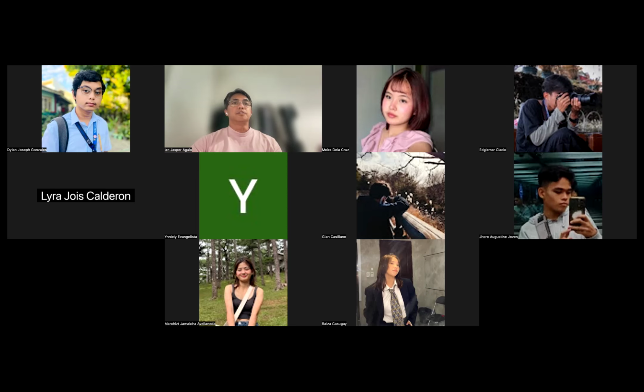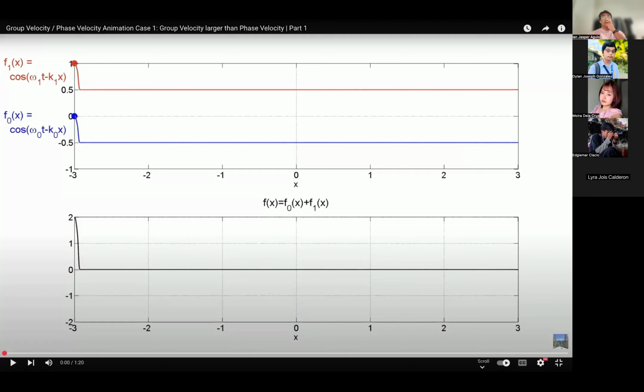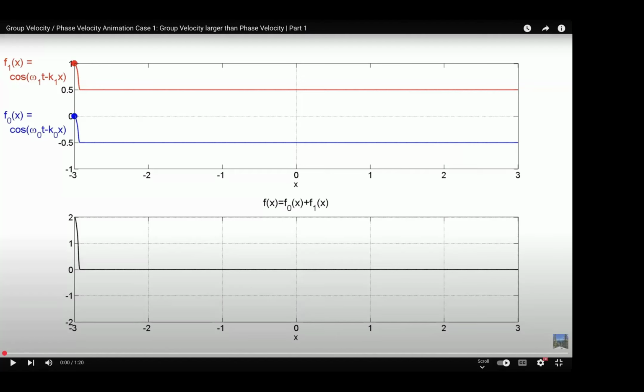And now I'm going to share to you kung ano ibig sabihin ng group velocity tsaka phase velocity. So, ito yung nakikita n'yo dyan. And what you see here, first of all, etong nasa taas, this is an individual wave. These are individual waves. So, magkaibang waves yan.